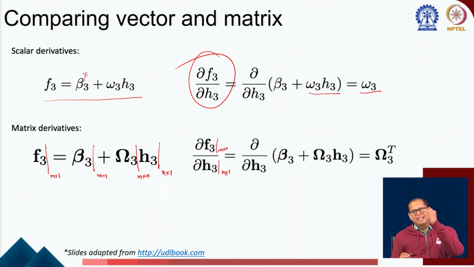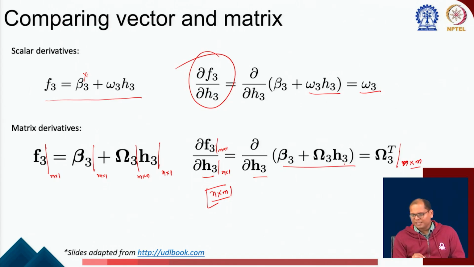So we know in denominator layout, I will get n rows as per the denominator and I will get m columns. So it will be an n cross m matrix, right. And if you see in terms of dimension, it matches. So omega 3 transpose is n cross m, so it matches in terms of the dimensions. But how do I explain this? That when I take the derivative with respect to H3 of this whole quantity, I get omega 3 transpose, right.